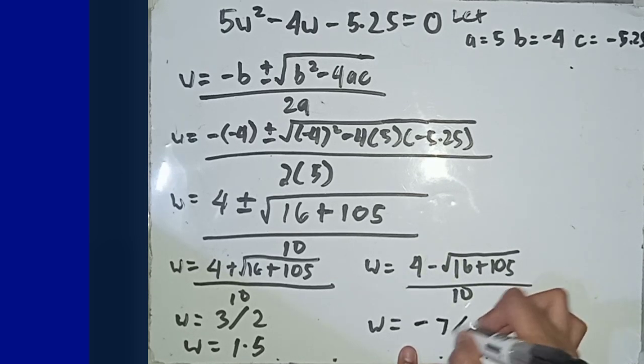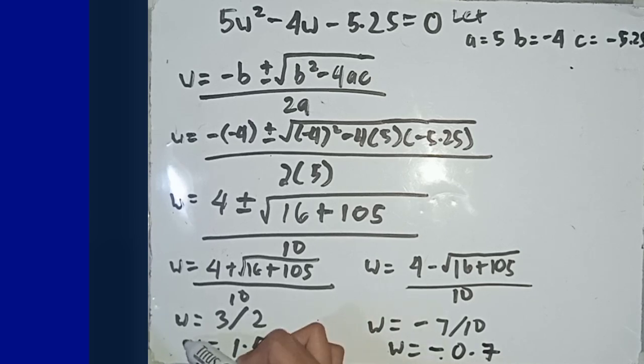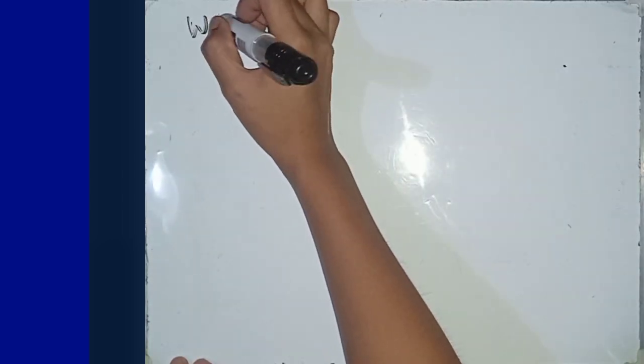And 4 minus square root of 16 plus 105 all over 10, that means negative 7 all over 10, or in decimal term, that is negative 0.7. Okay, so which is more accurate? So that one, 1.5. So we will be using that one.